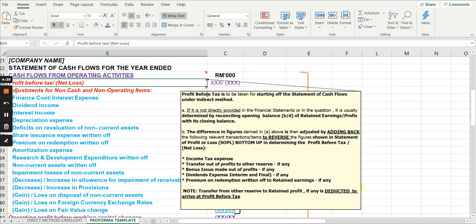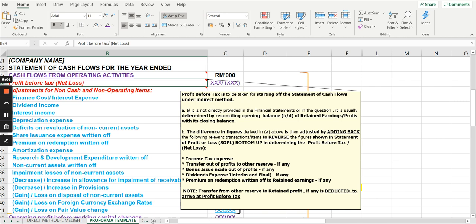So you need to take your profit before tax and put it as the first item under your cash flow from operating activities. If it's a loss, it will be put as a negative outflow, but if it's a positive figure, which is a profit, it will be as it is. So it will be the starting point.